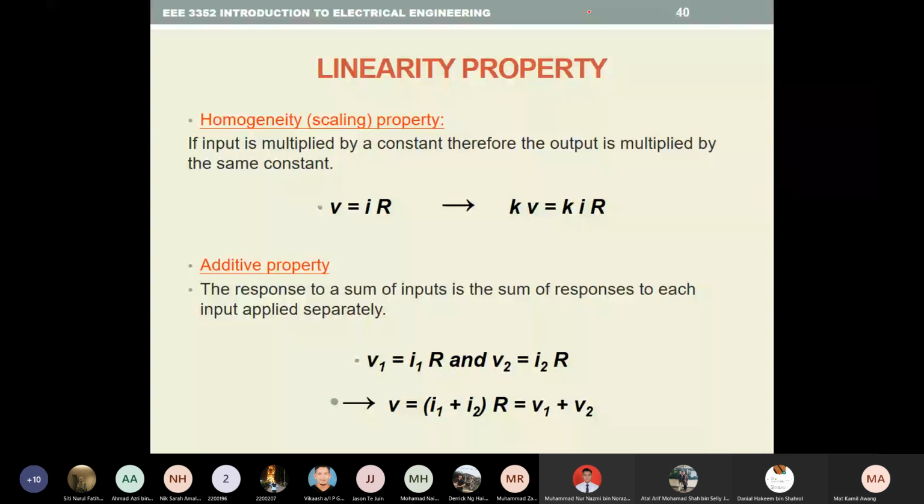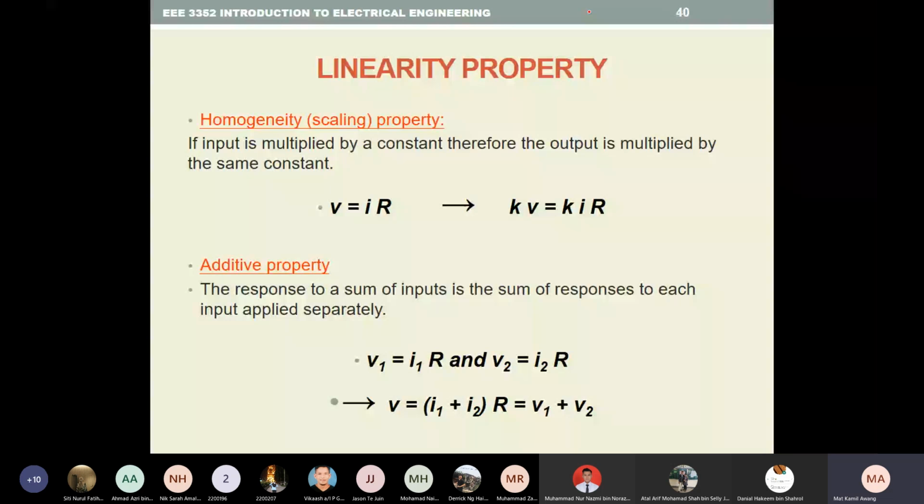Additive property: the response to a sum of inputs is the sum of the responses to each input applied separately. Let's say you have two equations: V1 is equal to I1R and V2 is equal to I2R.